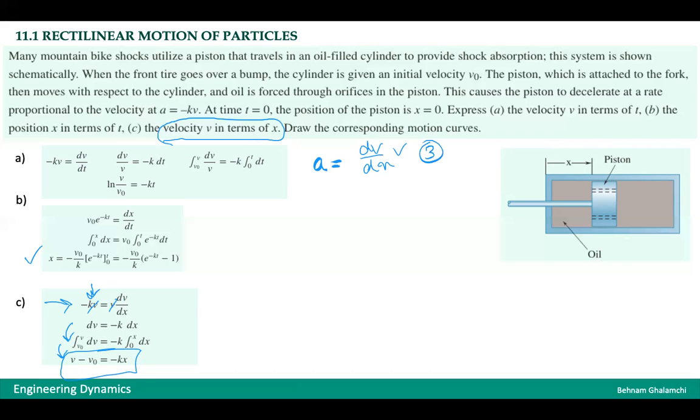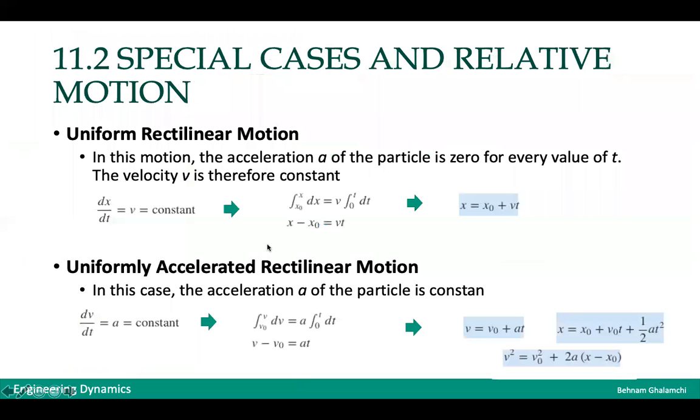With these three definitions, we should be able to solve any problem in the kinematics of particles. Keep in mind, we don't have anything else. Everything starts from these few equations. But we should be able to generate some special cases and use them whenever we need them.